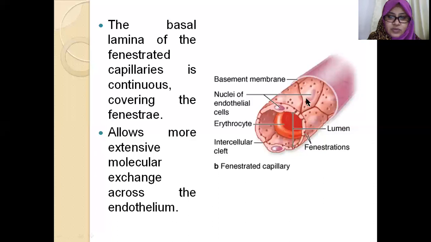In this figure, we can see these are the endothelial cells of a fenestrated capillary, which is continuous, and this contains some fenestrae or pores which are covered by a diaphragm, and their basement membrane is also continuous.